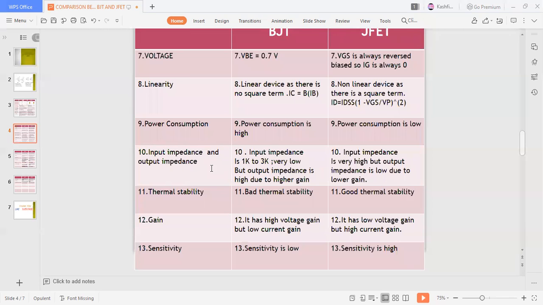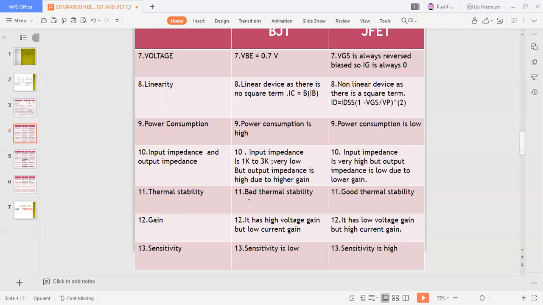Input impedance and output impedance. For BJT, the input impedance is about 1 kilo ohm to 3 kilo ohm. It is very low. But output impedance is high due to higher gain. But for JFET, the input impedance is very high, but output impedance is low due to lower gain. Thermal stability.